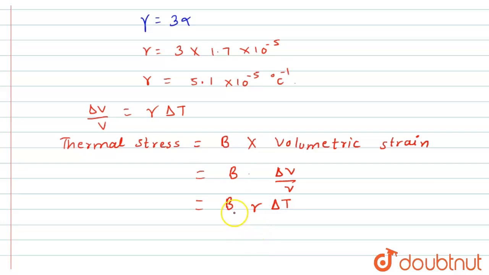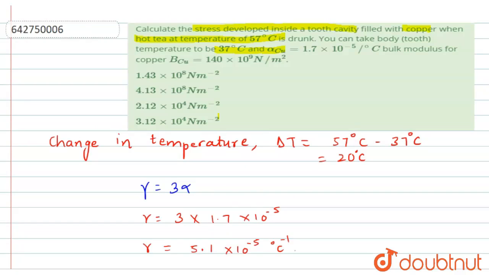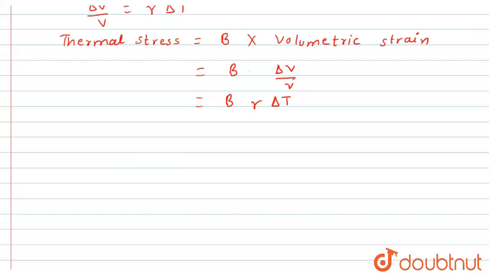Now after using all the values, I am able to find the thermal stress. From the question, the bulk modulus B is given, we have the temperature change, and the linear expansion alpha. So the thermal stress is 140 into 10 raised to power 9, times 5.1 into 10 raised to power minus 5, times 20.